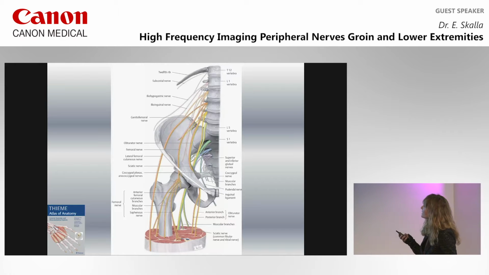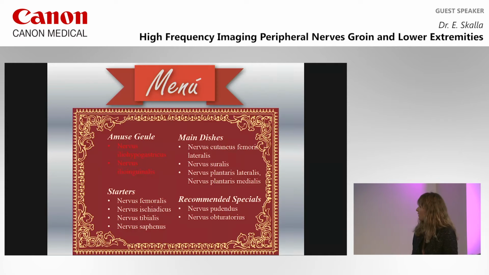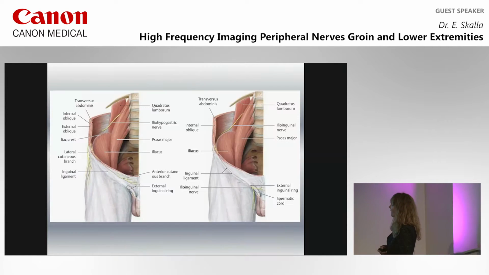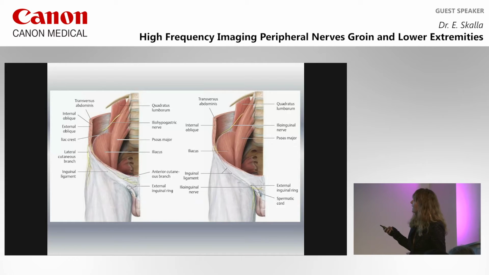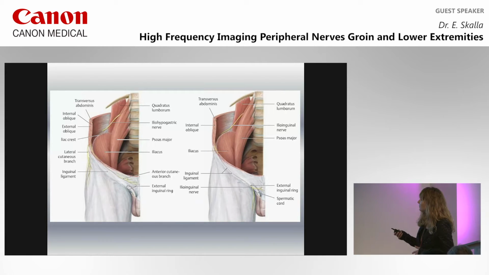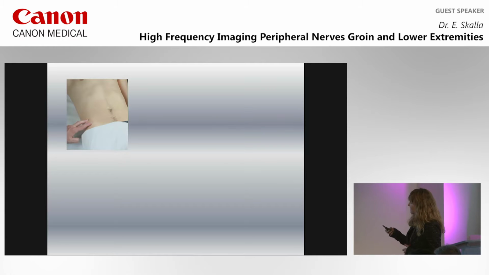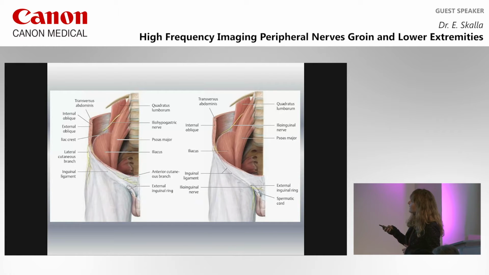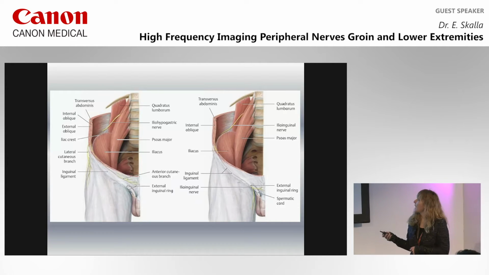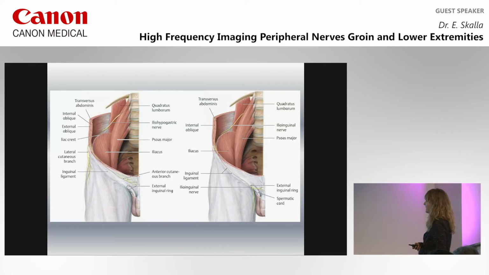So the first two, the iliohypogastric and ilioinguinal nerve, emerge from the plexus dorsal of the psoas muscle and then run on the surface of the quadratus lumborum muscle ventrally and in a slightly oblique course. And then they pierce, that's important, they pierce the transverse abdominis muscle and run in the abdominal wall ventrally, and that's the point where we can find them.